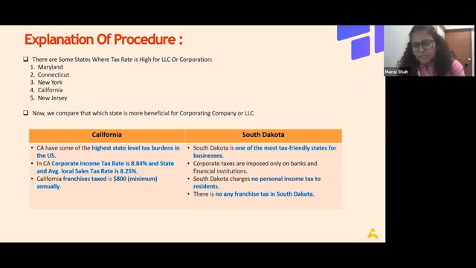Compared to South Dakota, Wyoming, Delaware, or Nevada, which have no state tax, just the annual report filing requirement. This is just to give you a brief idea of how taxability can impact, and why it is very important to consider the state when you are incorporating a business.